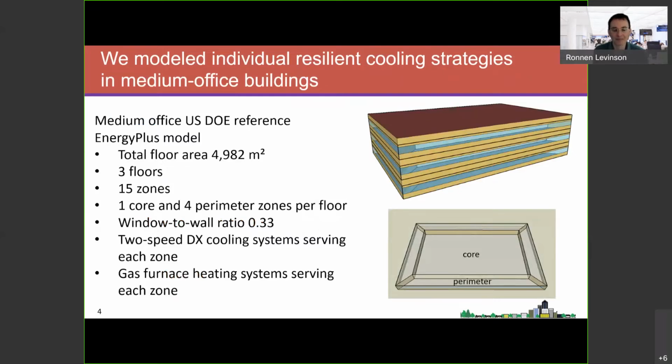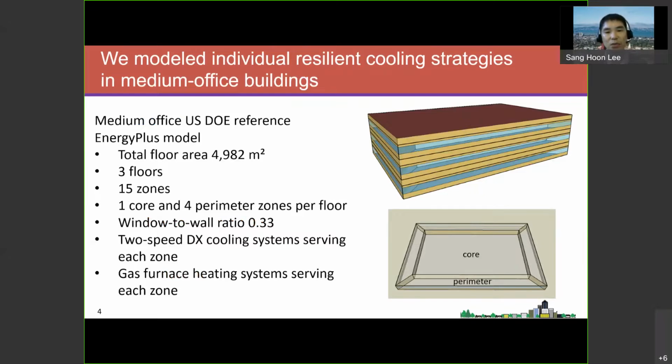Hi. For the Annex 80 work, we use US DOE reference building energy models, and we use EnergyPlus as a simulation engine. So in this presentation, we focus on the medium office building. As the right figure shows, the medium office model has a 3-story building and total floor area of about 5,000 square meters.